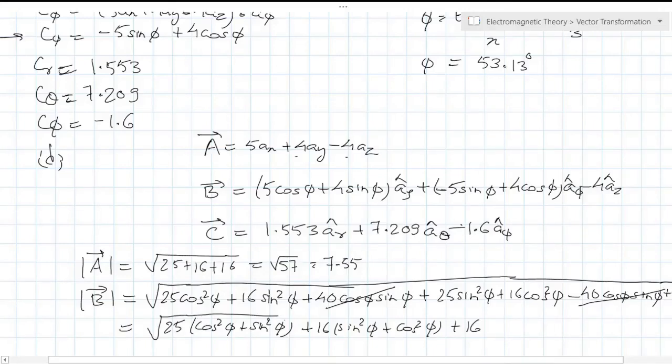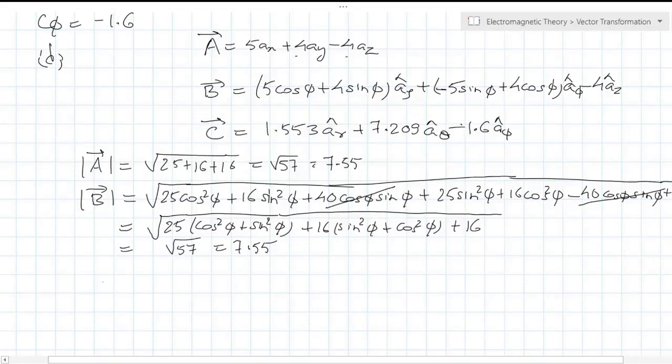And as you can see that cos square phi plus sin square phi will result in 1, and our answer will be similar to what we found in part A. So our answer will be under root 57 again, which equals 7.55.